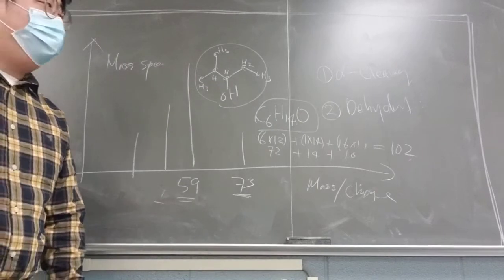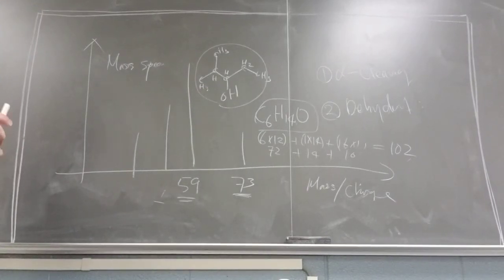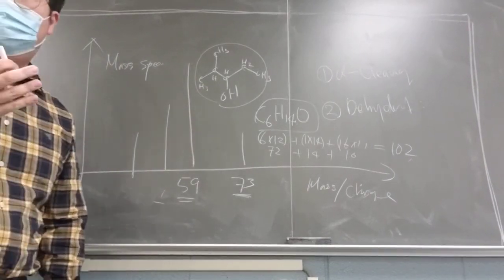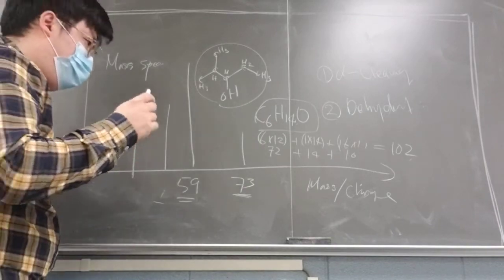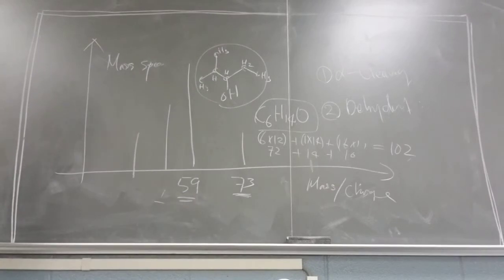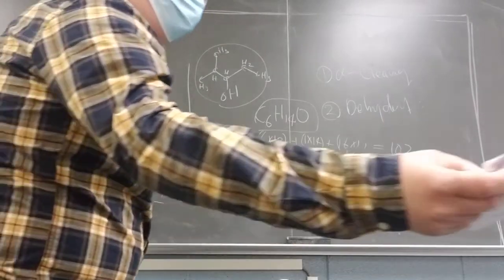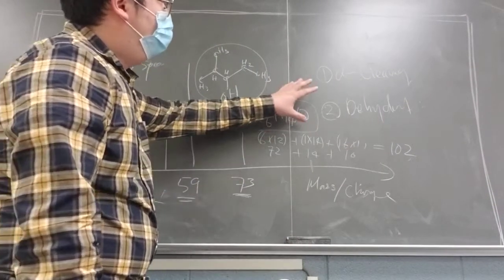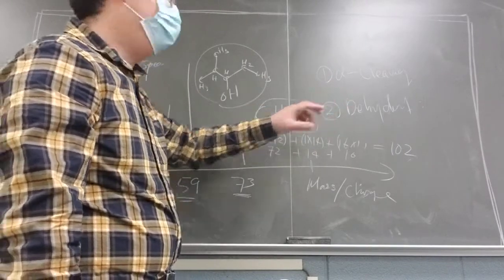If you look at this number, you expect to find your molecular ion or parent peak here, but you don't find it. So there has to be something that explains why, and that is this one or this one.